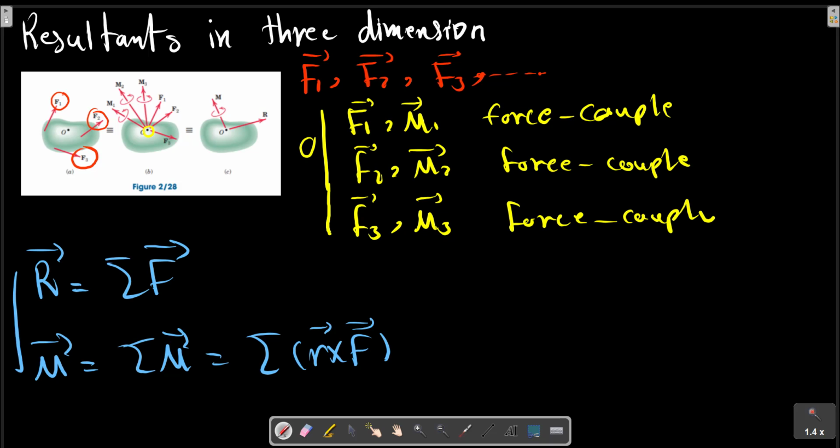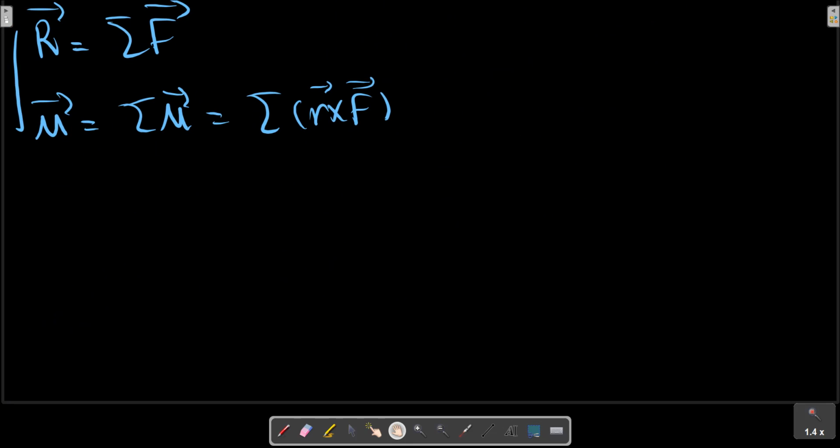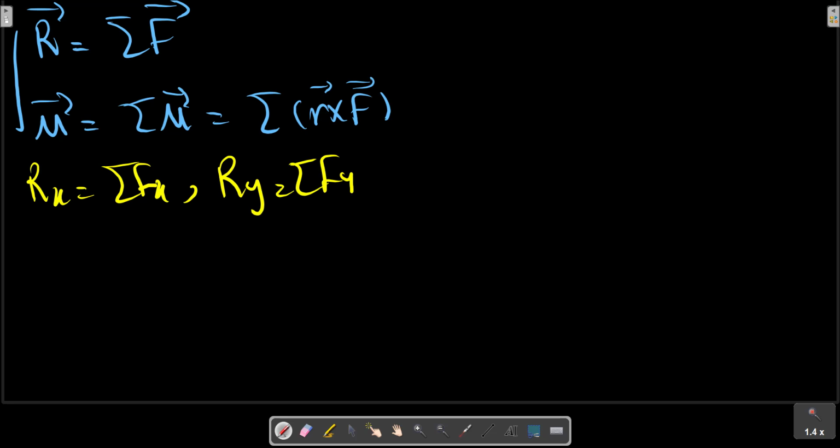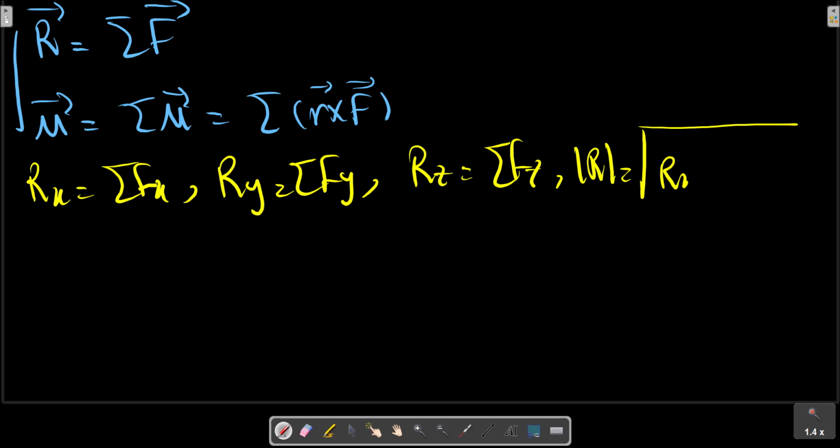The magnitude of the resultant and its components can be written as this description: sigma Fx, Fy, Fz, and Mx.